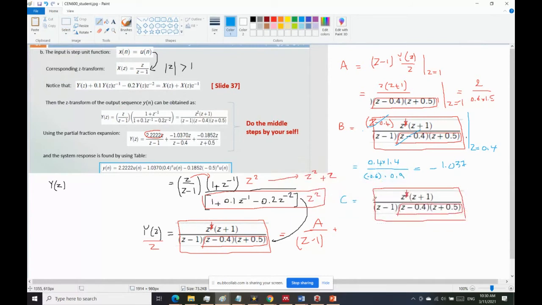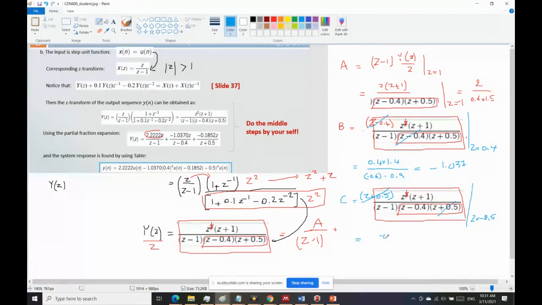Finally, C. We multiply Y(z) over z this time by z plus 0.5 and evaluate at minus 0.5. The goal at the end of the day is that this becomes zero, because C will be isolated, so we must multiply by this so that it becomes zero. Now this cancels out and we evaluate at minus 0.5.